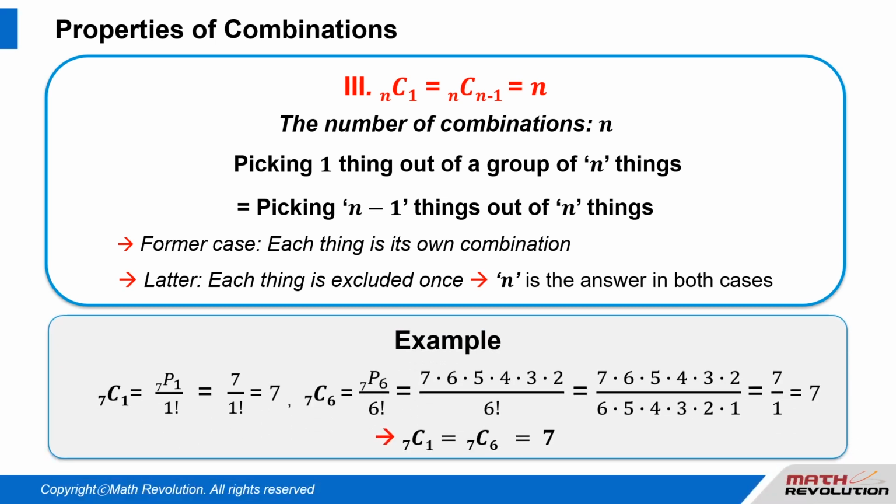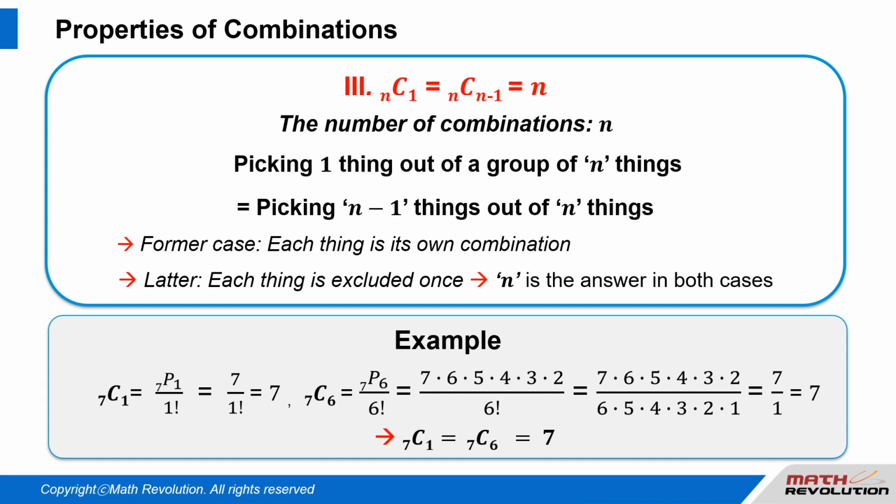N choose 1 is equal to n choose n minus 1, which equals n. Example: 7 choose 1 is equal to 7 choose 6. Now, we can write 7 choose 1 as 7p1 over 1 factorial, which is equal to 7 over 1 factorial, which equals 7.